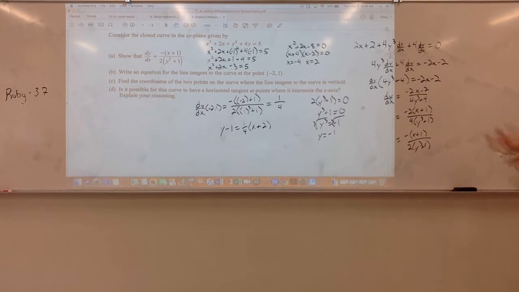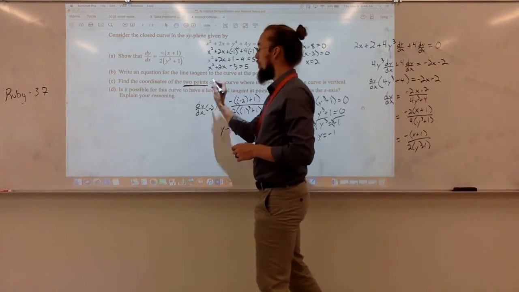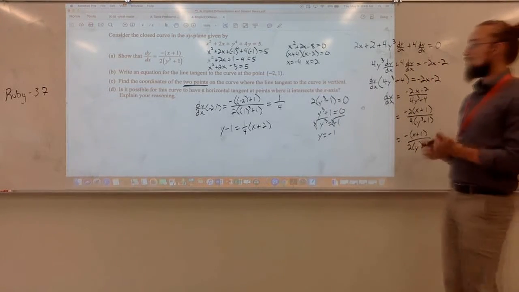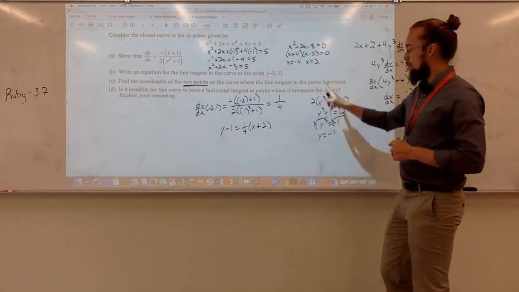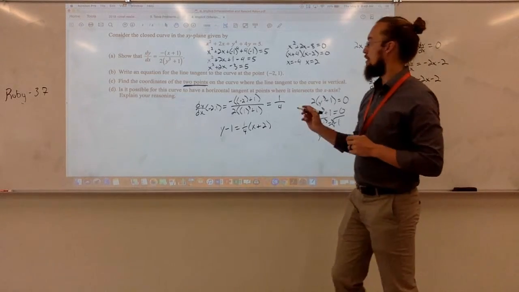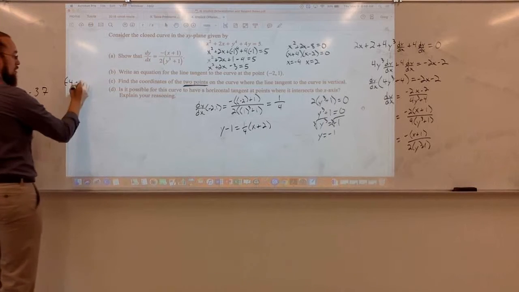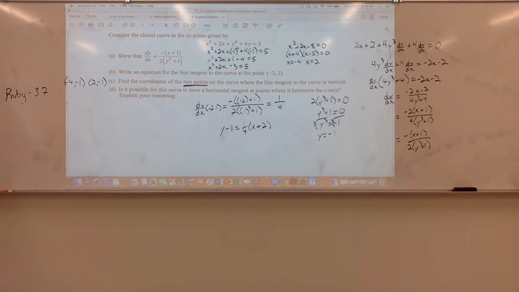So what that means is the 2 points, and they even told us we should get 2 answers, the 2 coordinate points where the line tangent to the curve is vertical are (-4, -1) and (2, -1). You okay with that one?